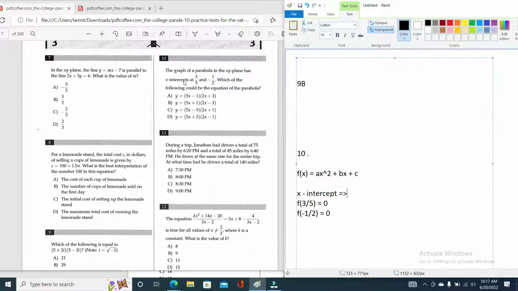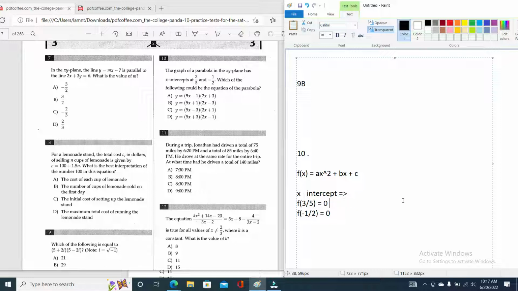And we have to find which graph in A, B, C, or D yields that f(3/5) is 0 and f(minus 1/2) is 0.